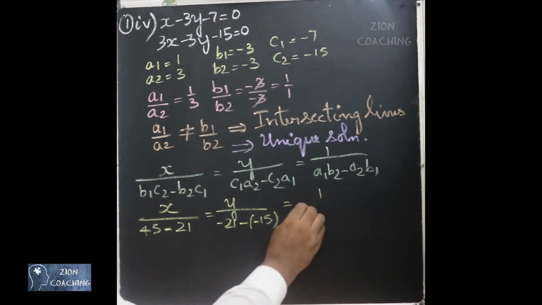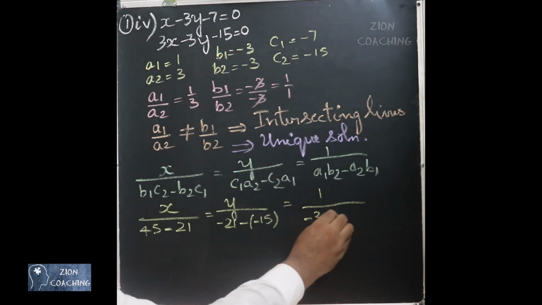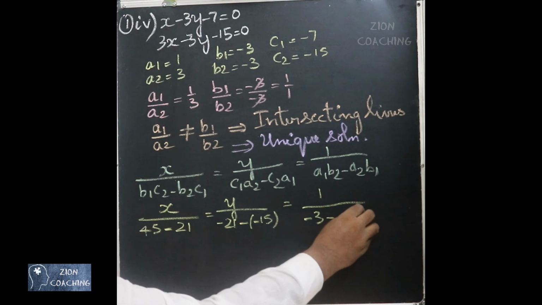That is equal to 1 by a1 into b2, minus 3, minus a2 into b1, 3 into minus 3 is minus 9.